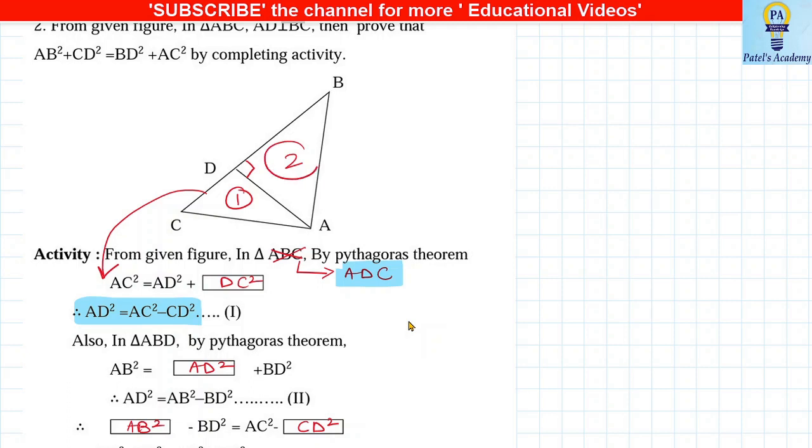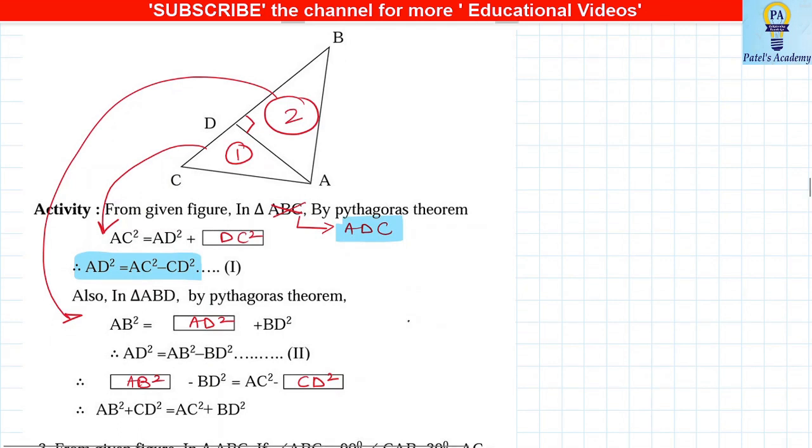Now let us take the second triangle. AB square equals AD square plus BD square, and after shifting BD square to one side, I get AD square equals AB square minus BD square.